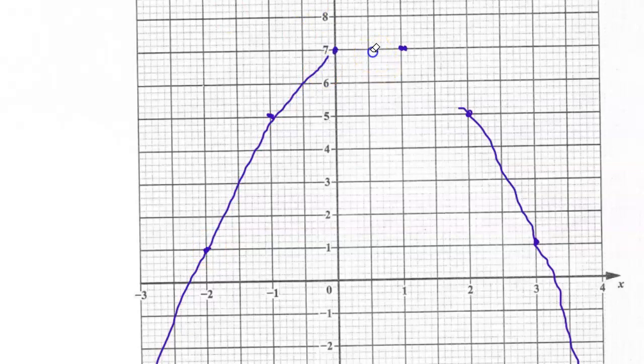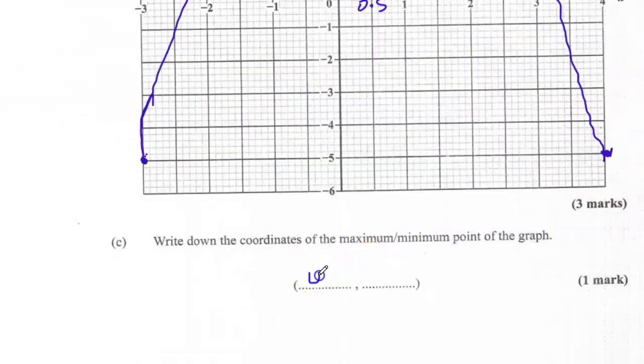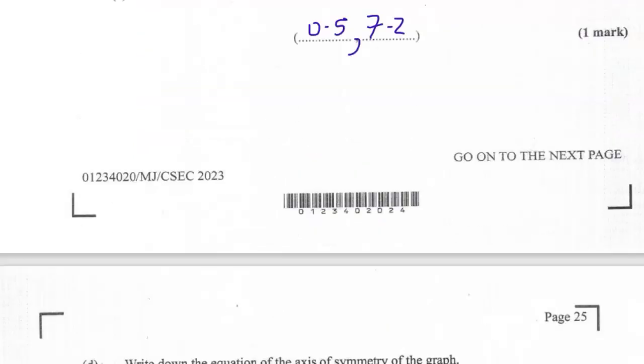So the maximum point would be somewhere here. This is 0.5 or half, and this would be about 7.2. So the maximum point is 0.5 for the x, and 7.2 for the y.